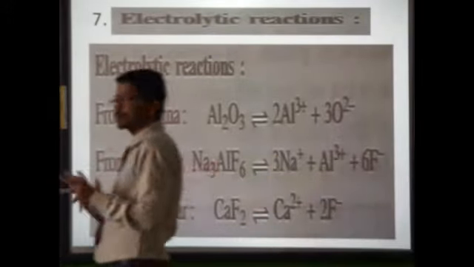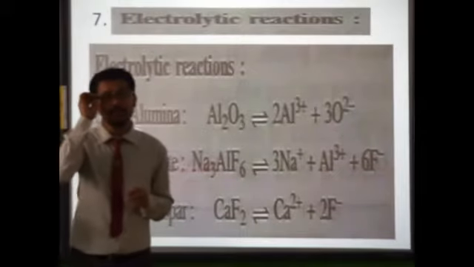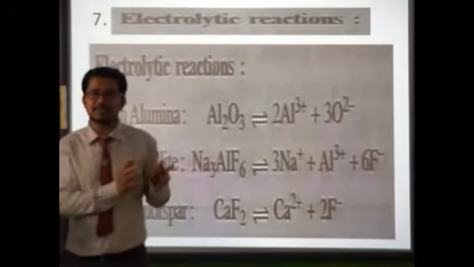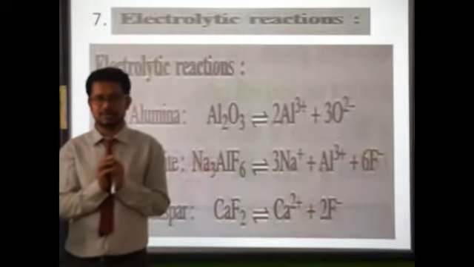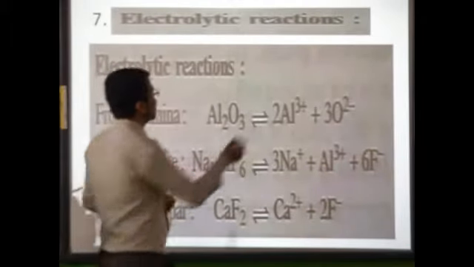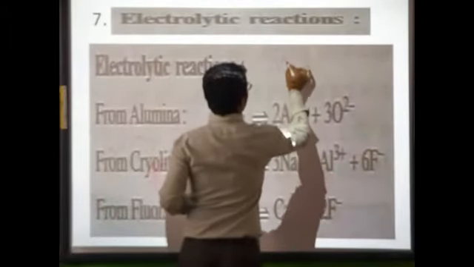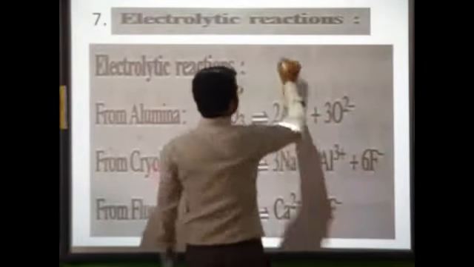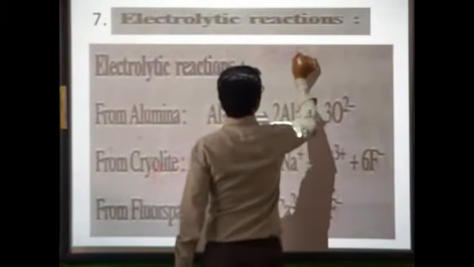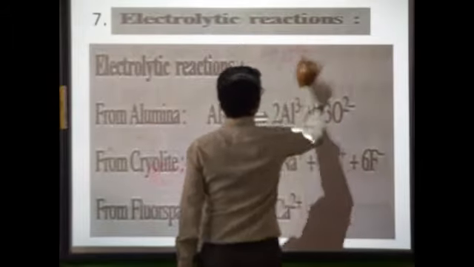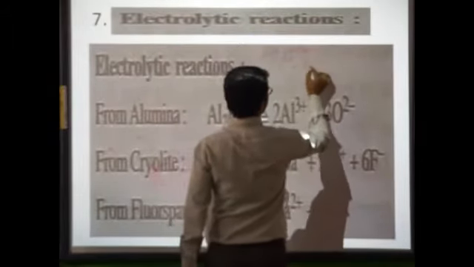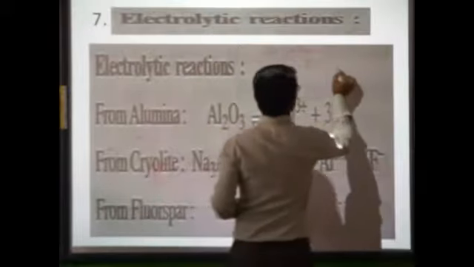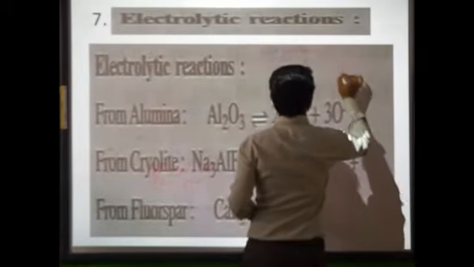Aluminium moves towards the cathode and oxide ion moves towards the anode. Cathodes are electron rich. What happens at the cathode? Aluminium gains 3 electrons from the cathode, so it becomes aluminium metal.